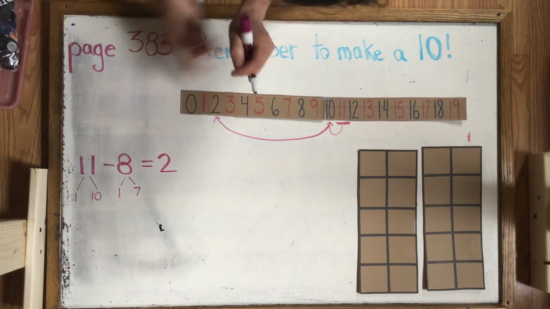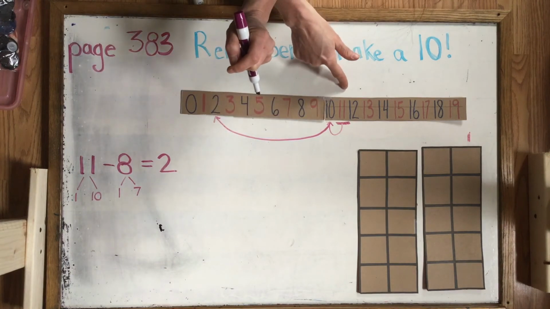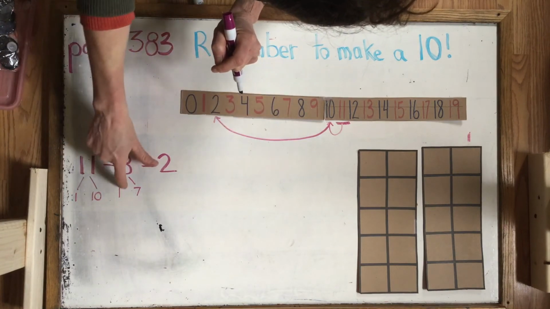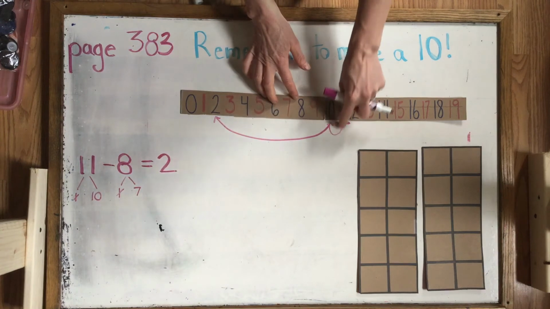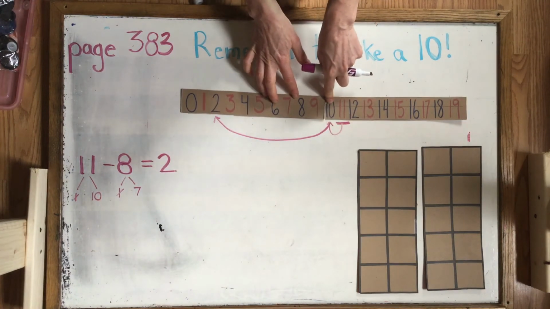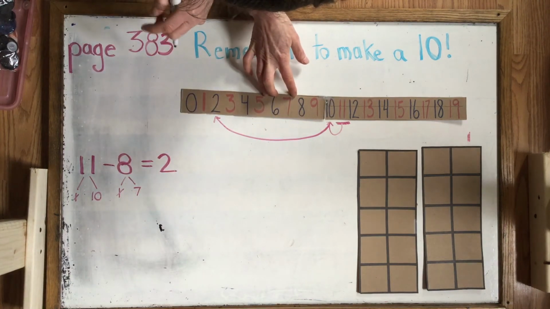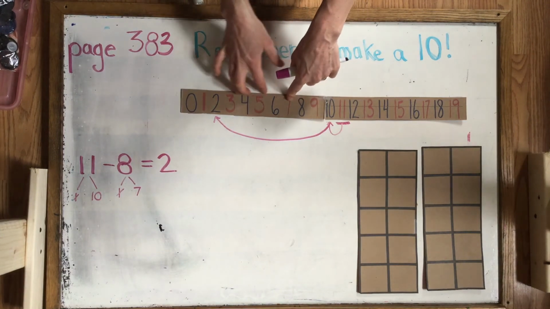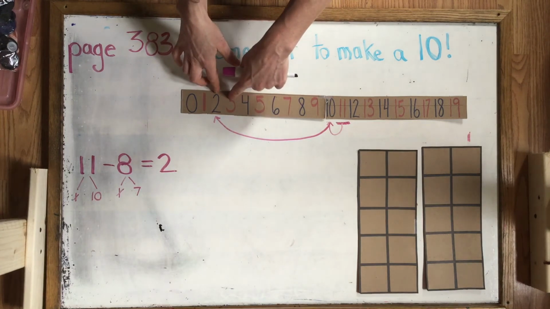So if we started at 11, which it looks like Boom did, and we went back 1 more to make it 10, well, that looks pretty good. But then he would have to go back 7 more. Let's see. 1, 2, 3, 4, 5, 6, 7.